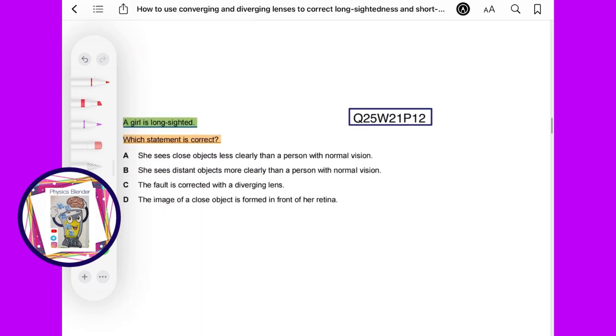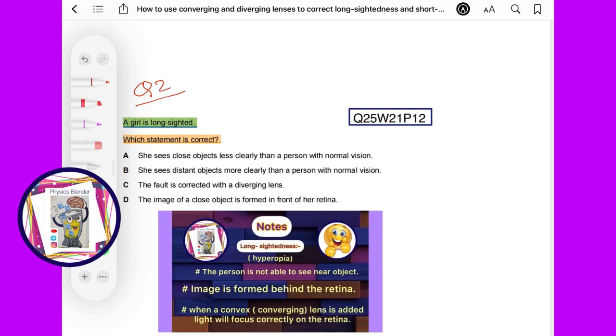The second question, the other case, which is hyperopia. A girl is long-sighted. Let's discuss each statement. She sees close objects less clearly than a person with normal vision. This one is the correct one. She sees the close objects, the objects which are near, but she cannot see them clearly.